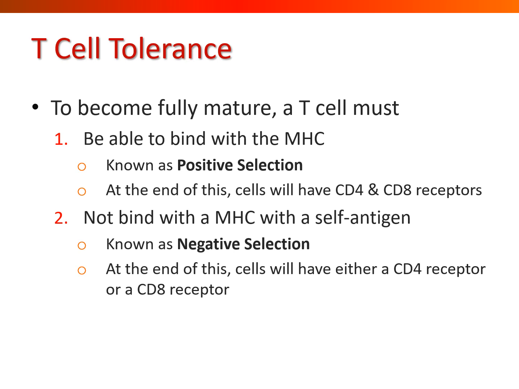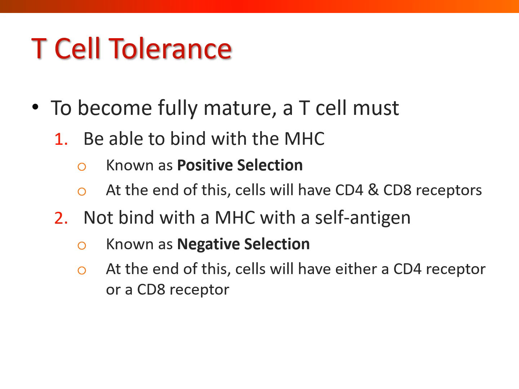So it takes a look at that and says, yes, I know who you are. And then the other thing that it has to do is look at what's sitting in the groove of the MHC receptor and, above all else, not recognize the self-antigen as problematic. And that is known as negative selection.